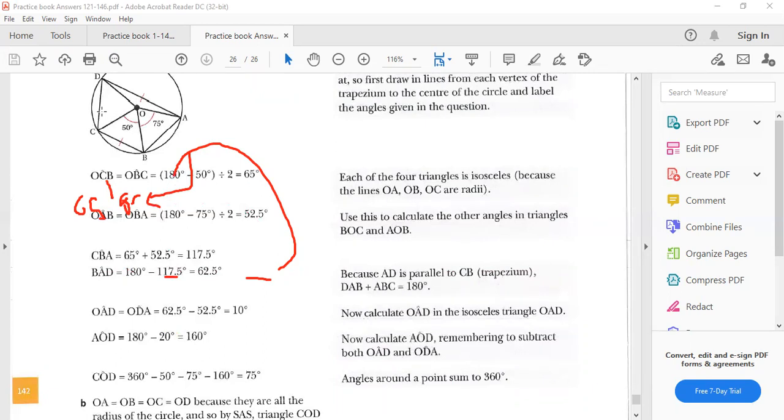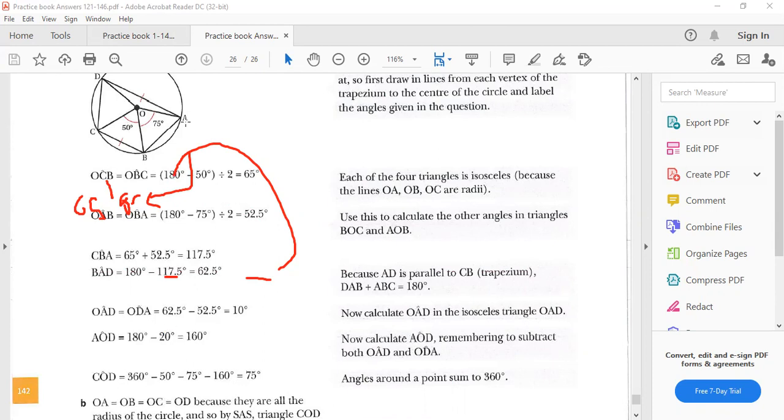So we need to find this side. We want to do 360 minus 50 minus 75 minus 160, that we get from here.